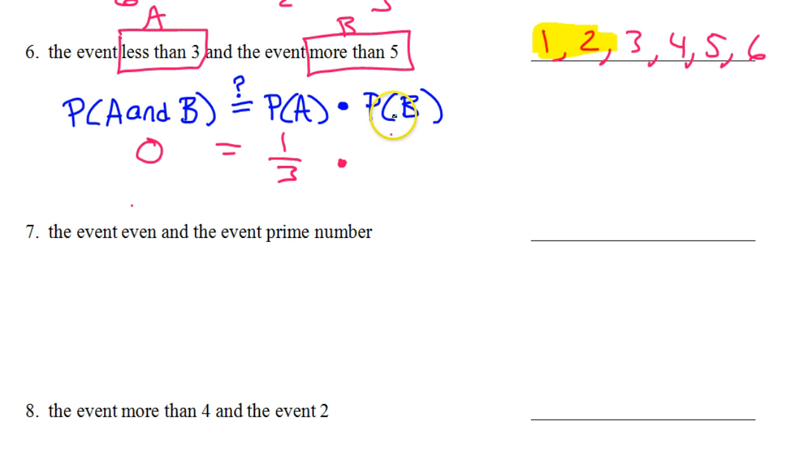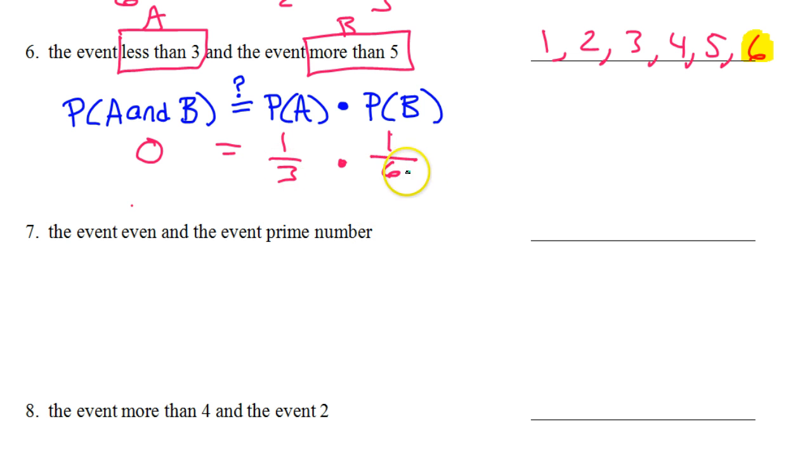Now, let's look at probability B by itself. More than 5. Looking at these possibilities again, there's only one number bigger than 5, and that's 6. So the chances of rolling that are 1 out of 6.